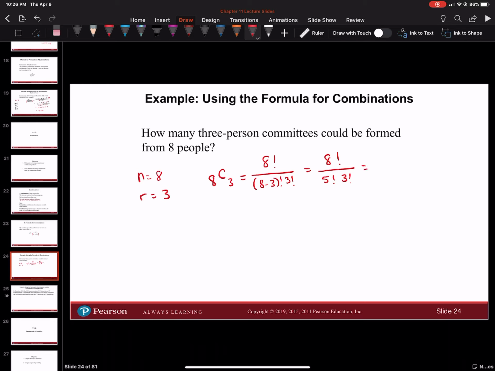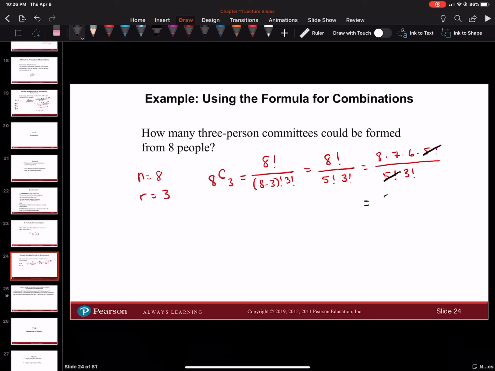Now, me personally, I'm going to write it out. So I have 8 times 7 times 6 times 5 factorial, all over 5 factorial times 3 factorial. Some people may ask, why didn't you go all the way to 3 factorial? Because I had 5 factorial, and that's bigger than 3 factorial. So I can go ahead and cross these two out.